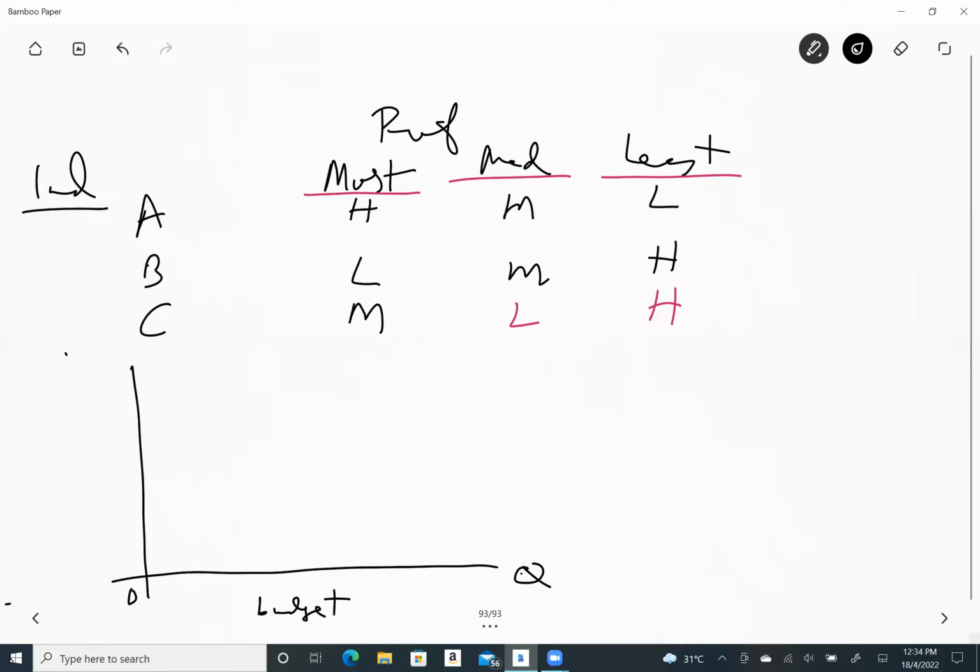This is the preference. So I have here least preferred, L, medium preferred, most preferred. So LMH. Most preferred, moderately preferred, least preferred.